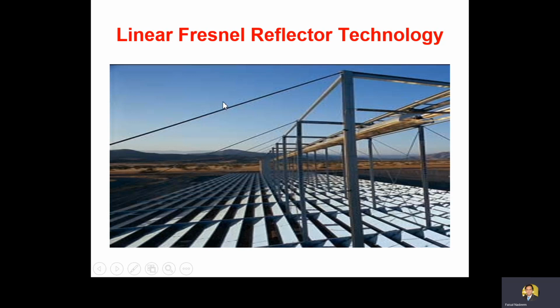The solar irradiation first strikes these mirrors, and these mirrors are placed at such an angle that they reflect those incident rays onto this absorber pipe.